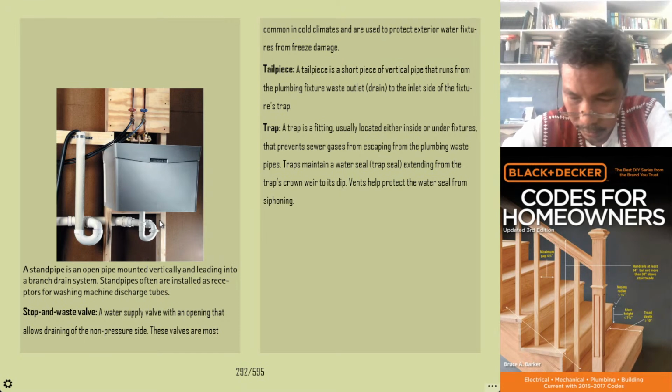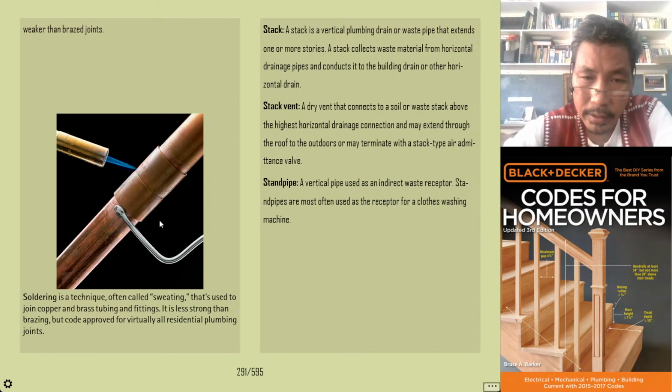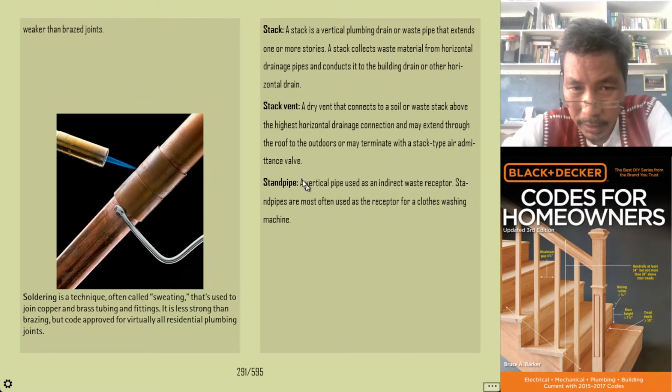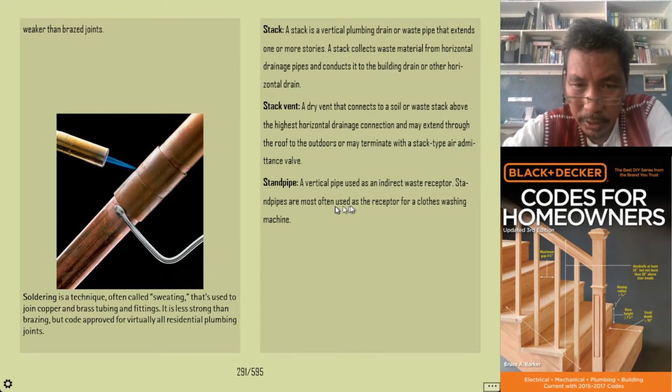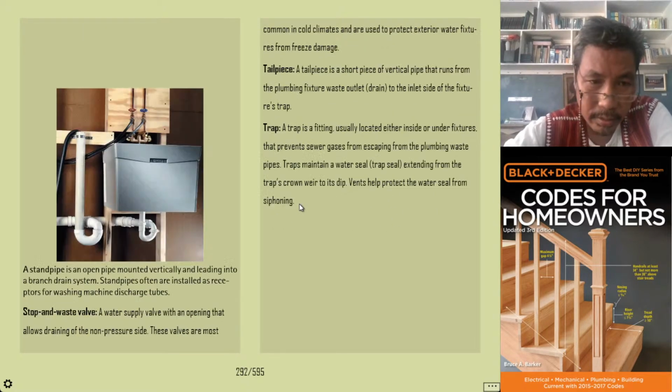Standpipe. So what do we mean by standpipe? It is a vertical pipe used as an indirect waste receptor. Standpipes are most often used as the receptor for a clothes washing machine. So this is the standpipe.